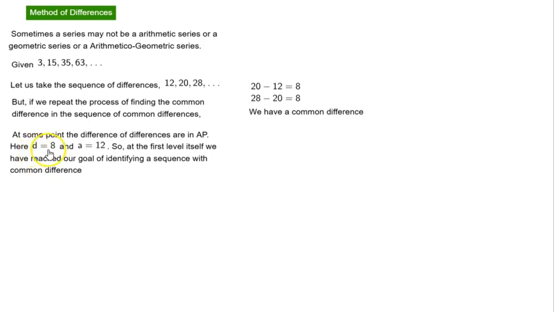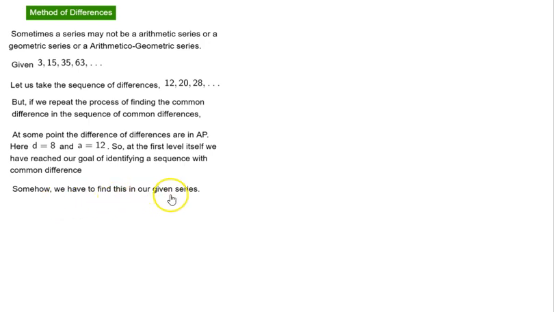So we have d equal to 8 and a equal to 12. So at the first level itself, we have reached our goal of identifying a sequence with common difference. Now somehow we have to find this in our given series, or we have to convert this series in such a way that it remains the same series, but this arithmetic progression is embedded in it.